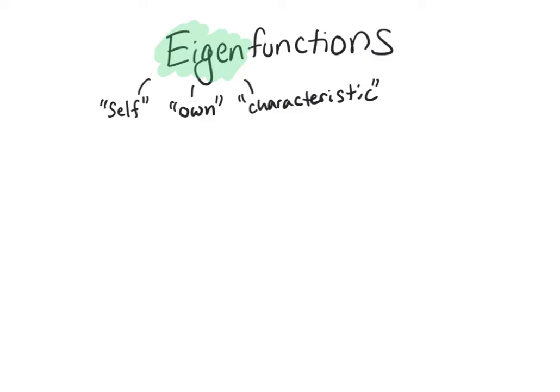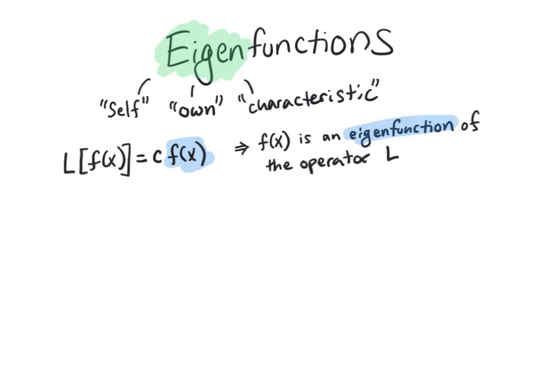The mathematical definition of this is that if we apply a linear operator to a function and it returns the same function just scaled, just multiplied by some value, a number, possibly a complex valued number, then that function is an eigenfunction of the linear operator. The scale factor c is special in its own right.